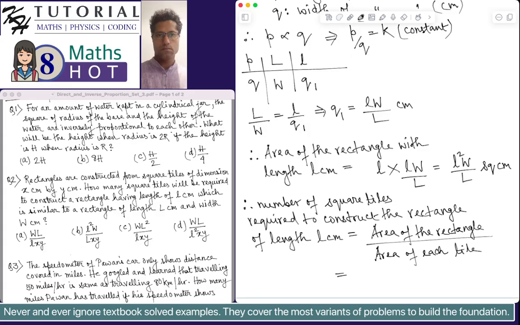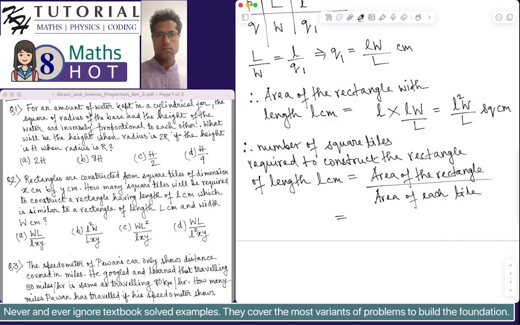This is equal to the area of the rectangle we have found to be l square W by capital L, divided by the area of each square tile. It is given that the dimension of each square tile is x centimeter by y centimeter, so its area will be xy.